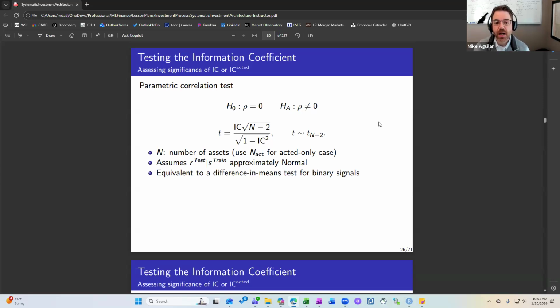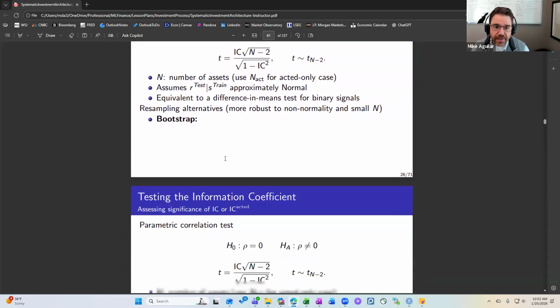If it's a positive number, they tend to be moving together. If it's a negative number, they're moving in opposite directions. And either way, it's giving you some info. So you construct a test statistic and the associated p-value. That's the form of the test statistic down here. If we want our signal to work, I'm hoping that I reject, right? Because then it's saying that they move together in some way.